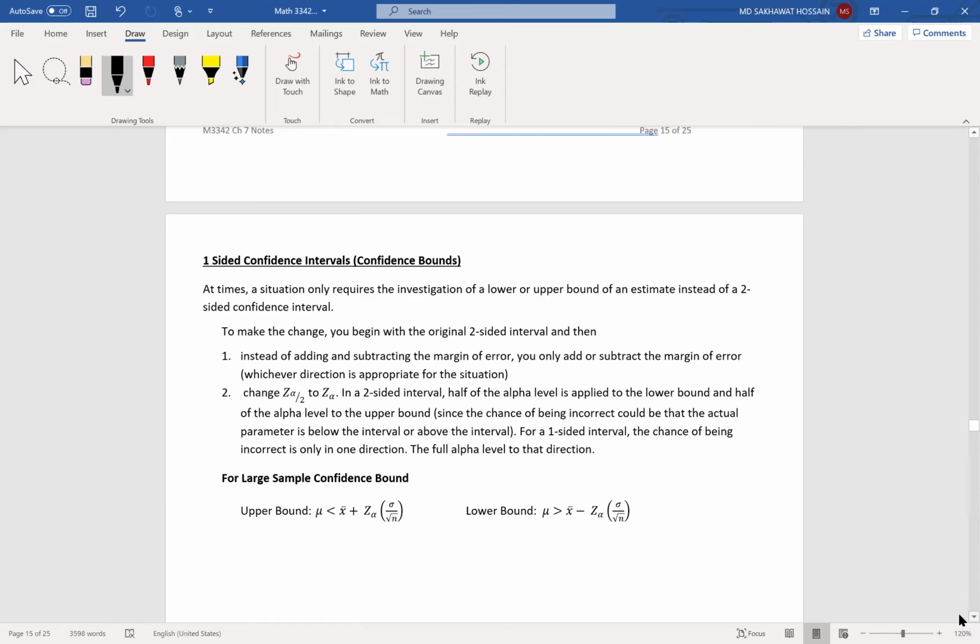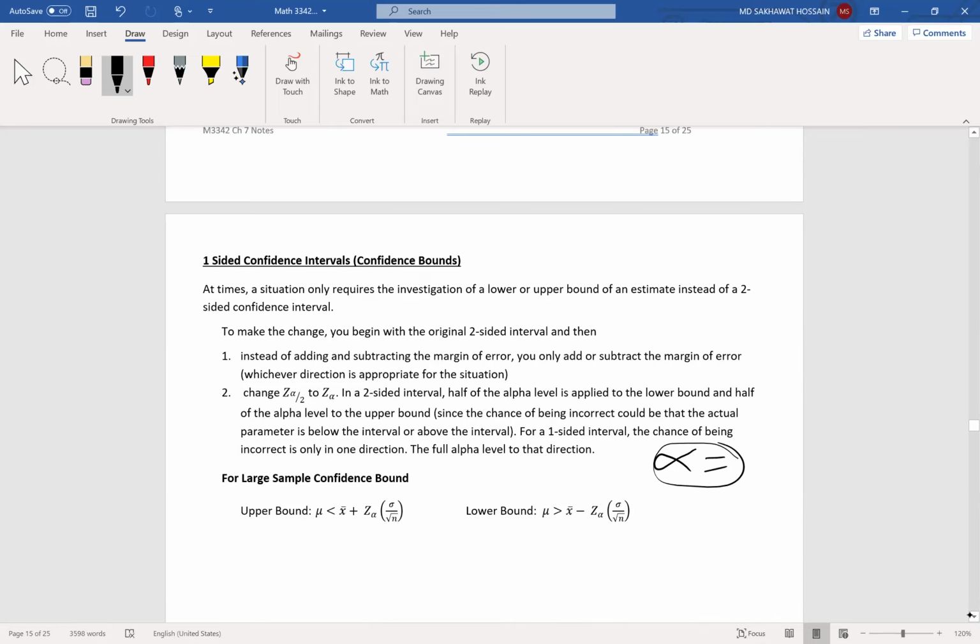This formula is a little different from the two-sided confidence interval. Alpha is the significance level, also called the probability of type one error. What does it mean?